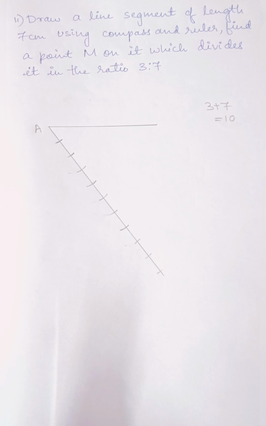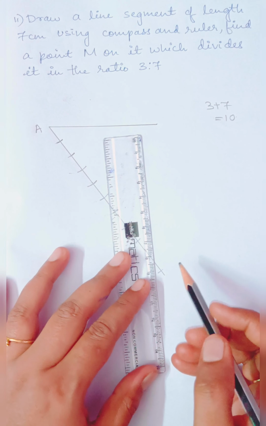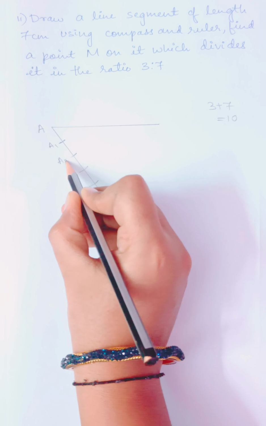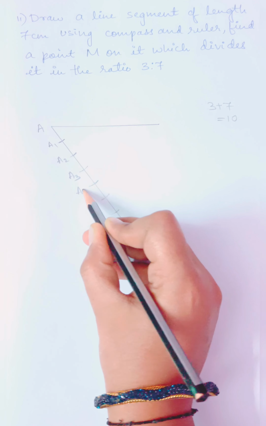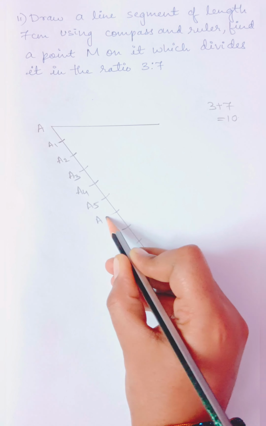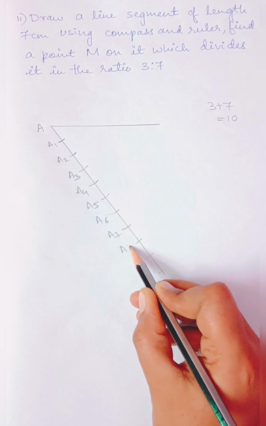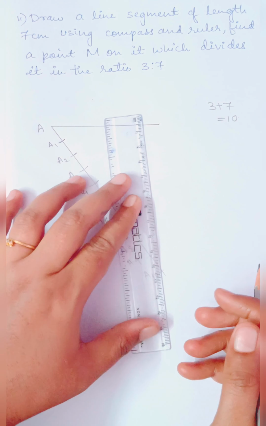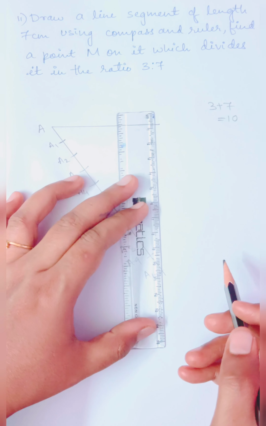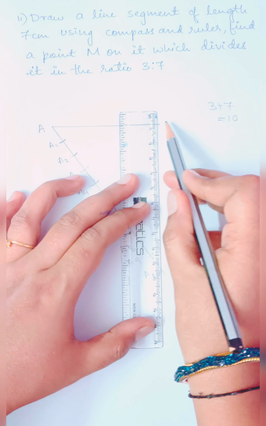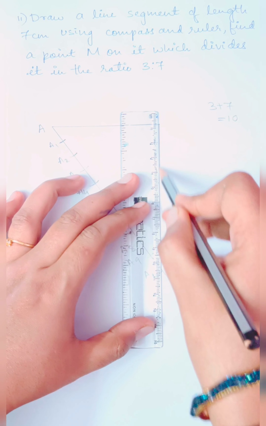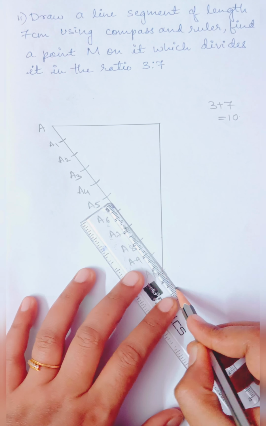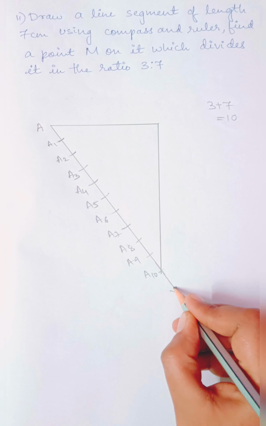So the next step is, I'm going to mark these as A1, A2, A3, A4, A5, A6, A7, A8, A9, A10. Okay, so from A10, I'm going to join like this. I can consider this point as X now.